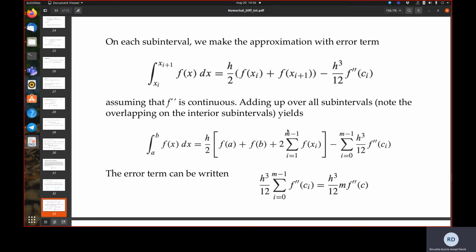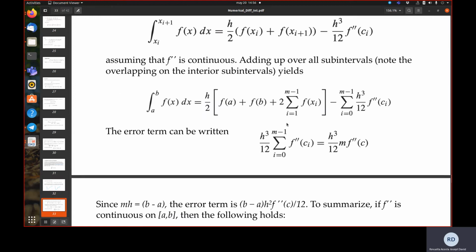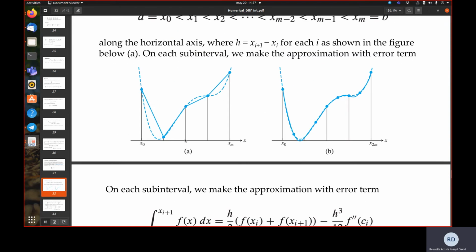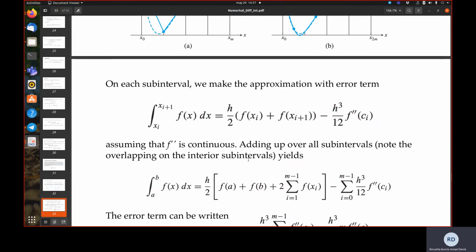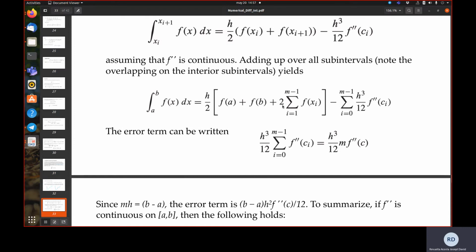If we see that we have 4 subintervals, panels 1, 2, 3, 4, we are just considering 1, 2, 3 subintervals, the ones that are repeating twice. That's why we need m minus 1, because we only have 1, 2, and 3 repetitions, or overlapping subintervals. So that's why we make the summation from i equal to 1 to m minus 1 of the function evaluated at each of the x i's, right?